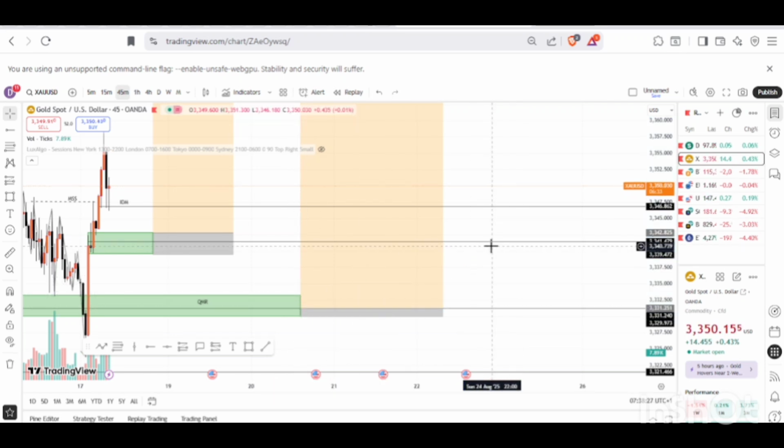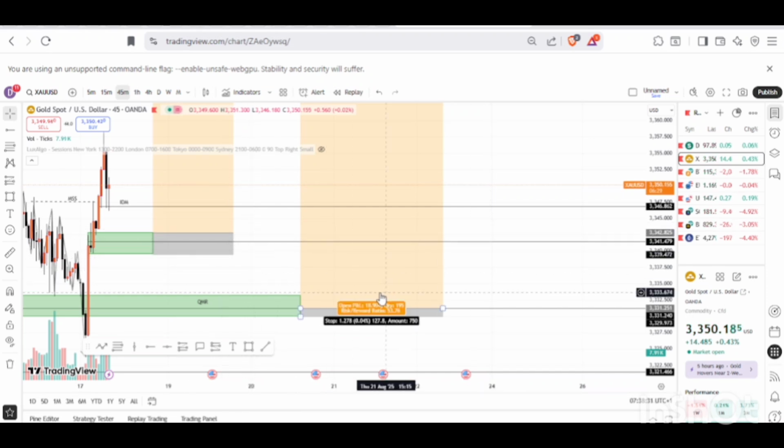In my mind, because of my skill level, I already know that if price taps into here and comes lower, this is my first entry.